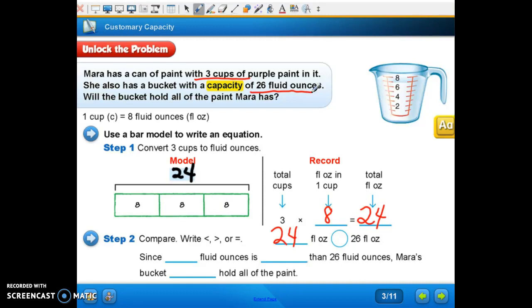So 24 fluid ounces is less than 26. Since 24 fluid ounces is less than 26 fluid ounces, Mara's bucket will or will not hold the paint? Will.